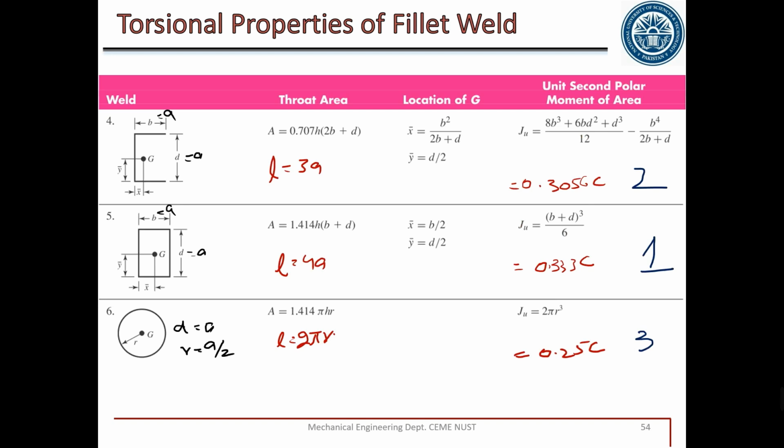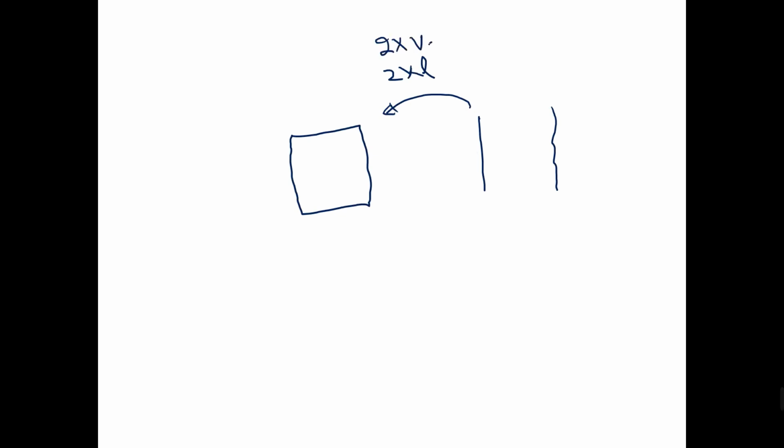Why is it the same? Let me explain. This is case 5 and this is case 2. If you compare, we have double the length of weld and double the volume. It means double the value of Ju. So value of Ju is doubled and value of L is doubled.